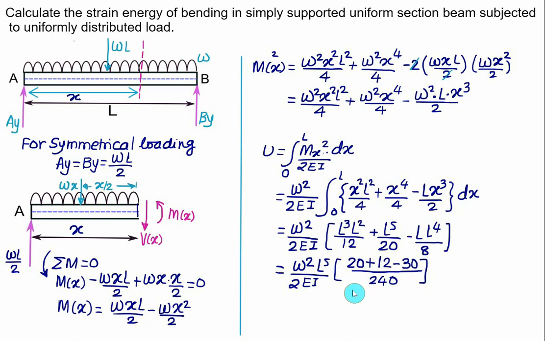Now solve this and we will get the final answer. So we get 32 minus 30, that will be 2. 2 and 2 cancel. So the final equation for strain energy in the case of UDL will be equal to W square L to the power 5 divided by 240 multiplied by Young modulus multiplied by moment of inertia I.